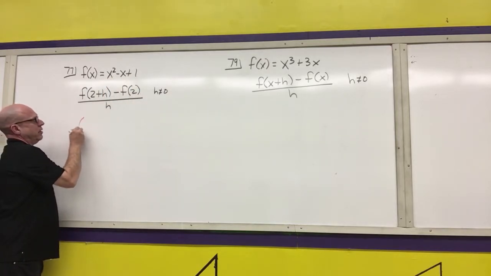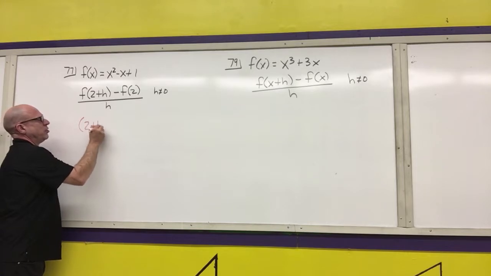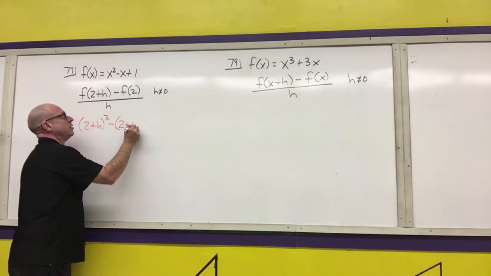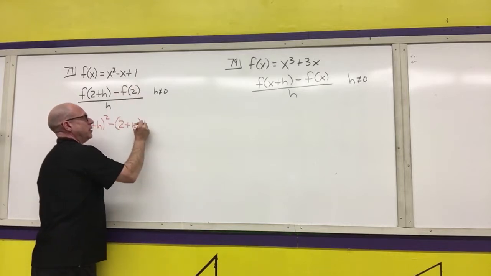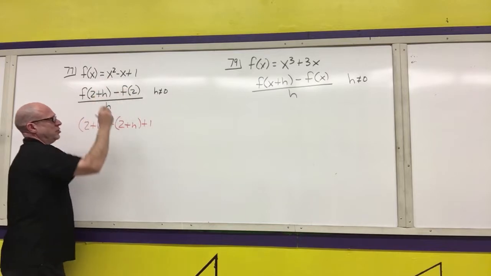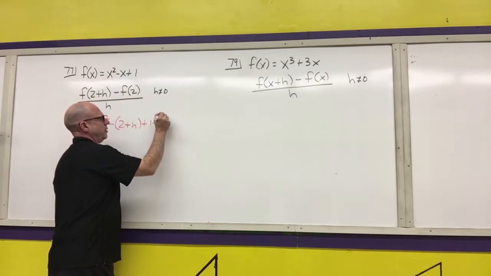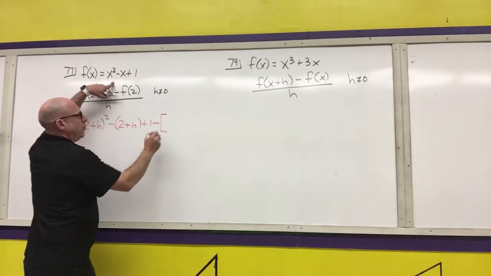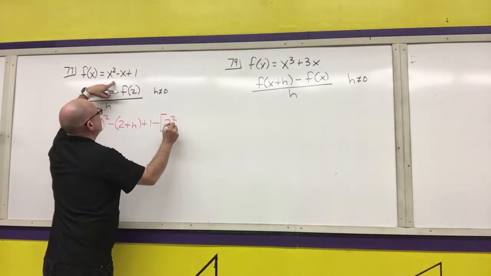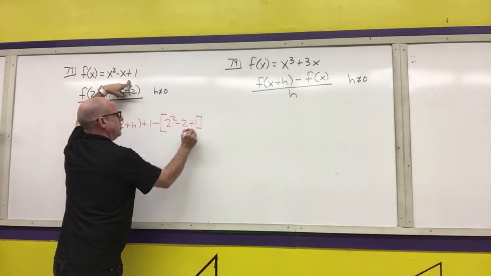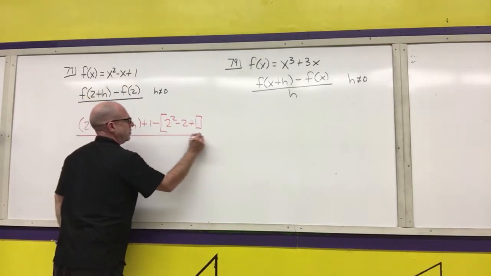So I'm going to write (2 plus h) quantity squared minus (2 plus h) plus 1 minus my original function with a 2 substituted in there. So I'm going to put brackets because it's minus the whole thing. Minus [2 squared minus 2 plus 1] all over h.